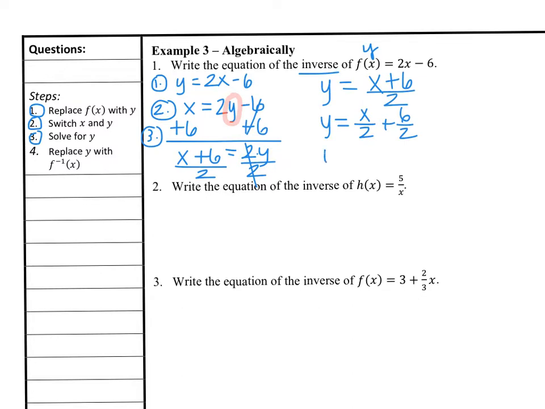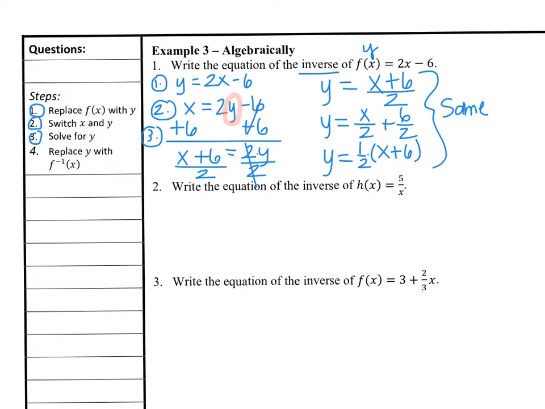Or a third way is to write it as y equals x plus 6 times 1/2, since dividing by 2 is the same thing as multiplying by 1/2. So these are all the same, just 3 different ways to write your function as a divided by 2 function, or a function that's been divided by 2. So we can just choose one of the 3 ways.